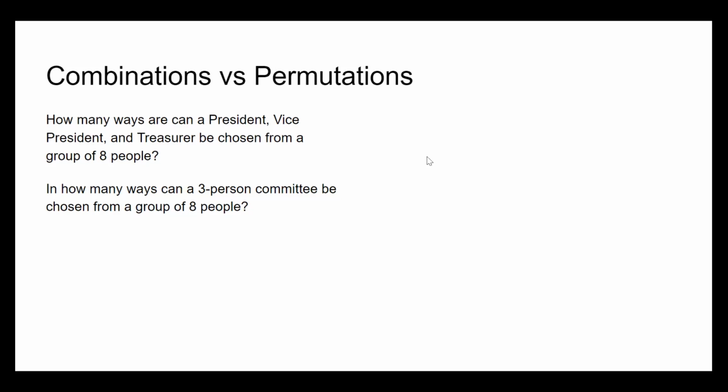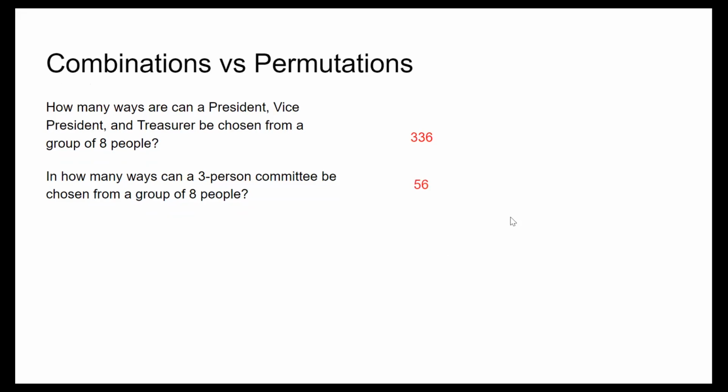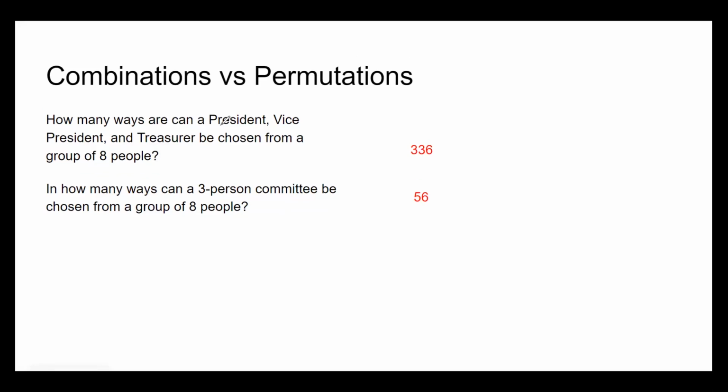Okay, quite a few people got the right answers. First I'll reveal that the answers were 336 and 56. The first one was a permutation and the second was a combination.